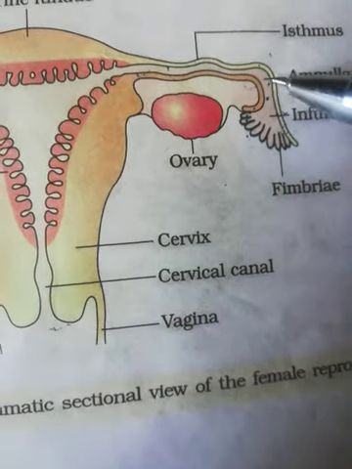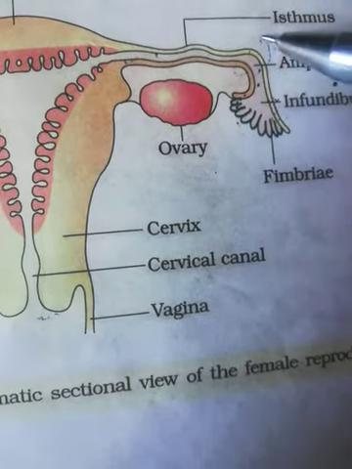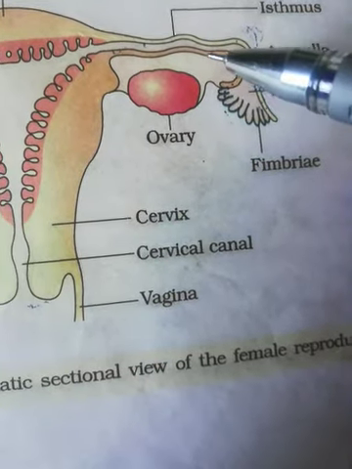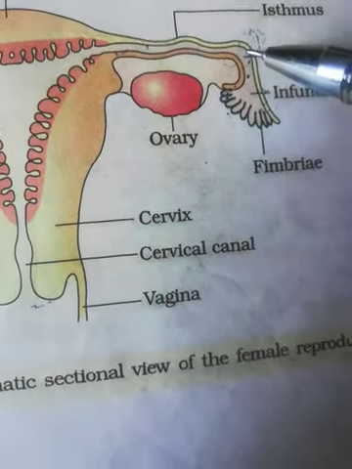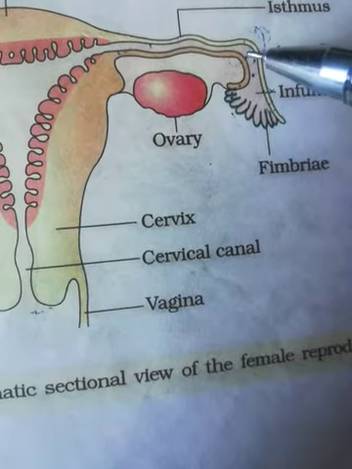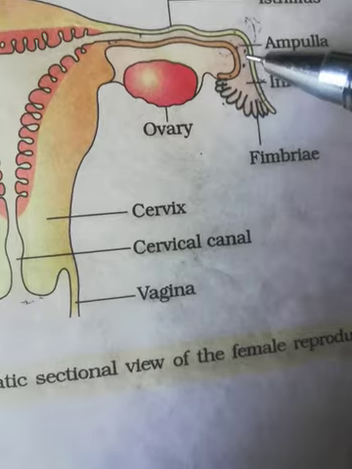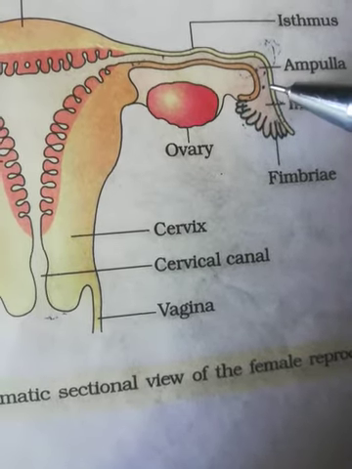At the point where the ampulla joins the isthmus, this is the place where fertilization takes place. It means when the sperm reaches here, only then can it fertilize the ovum. If the ovum passes from here, then fertilization will not take place. Is it clear? This is all about the fallopian tube.